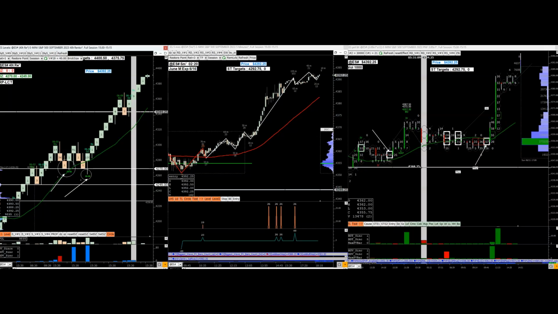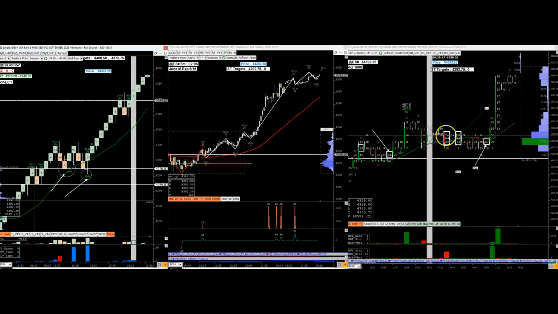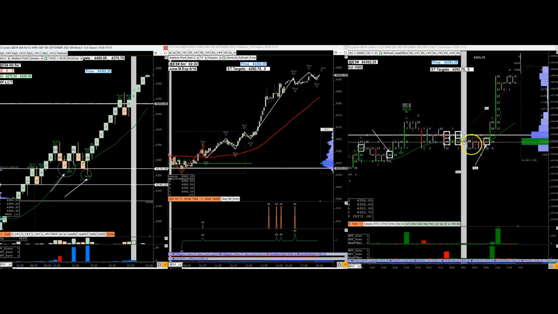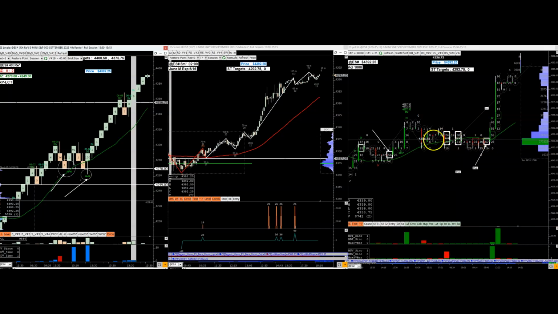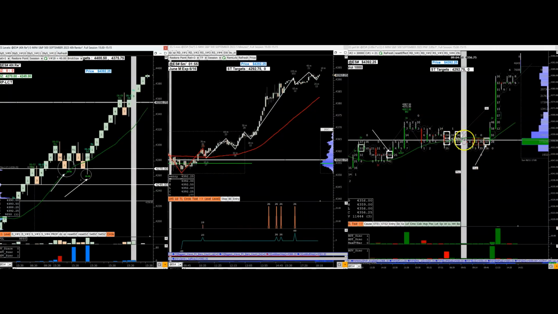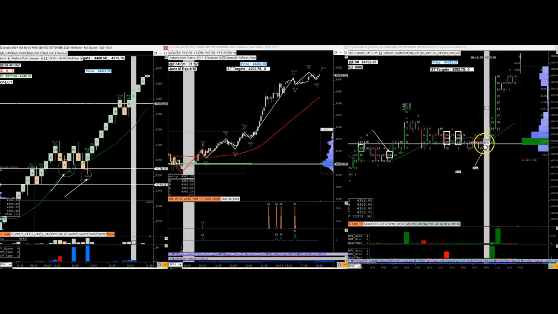Because ranges are typically not just ranges. They are, as you see here with these big white prints, a lot of volume. The POC is within that base. What's going on? And then finally increase on a break above here on increasing volume.